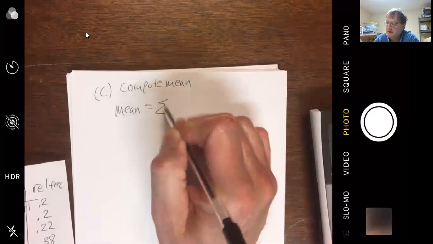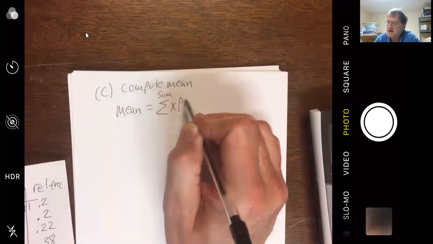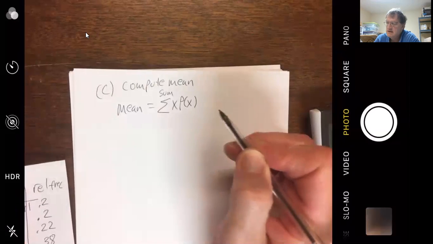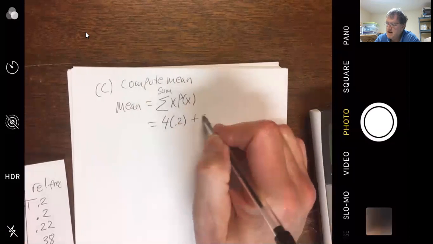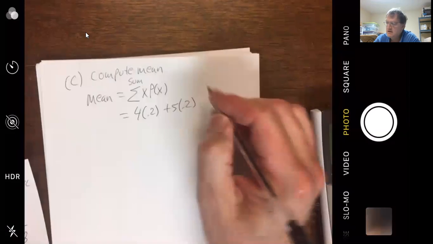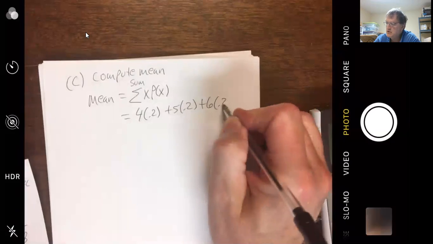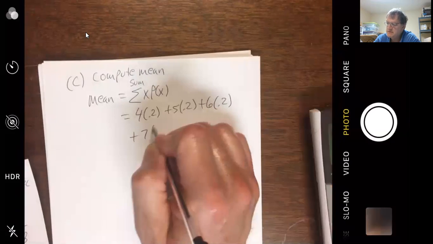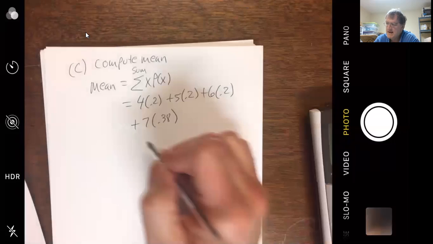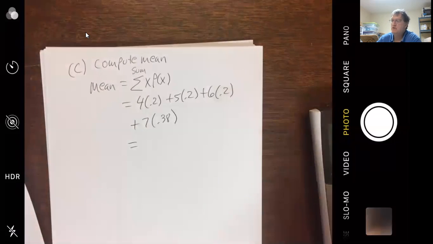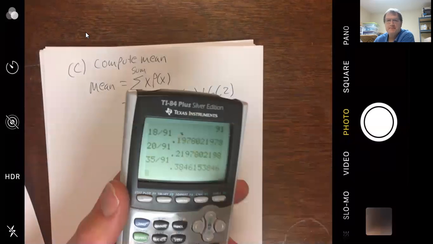Use this symbol, which means the sum of X times P of X. So you go 4 times 0.2, 5 times 0.2, 6 times 0.22, 7 times 0.38. This will be the average number of games the World Series has gone.